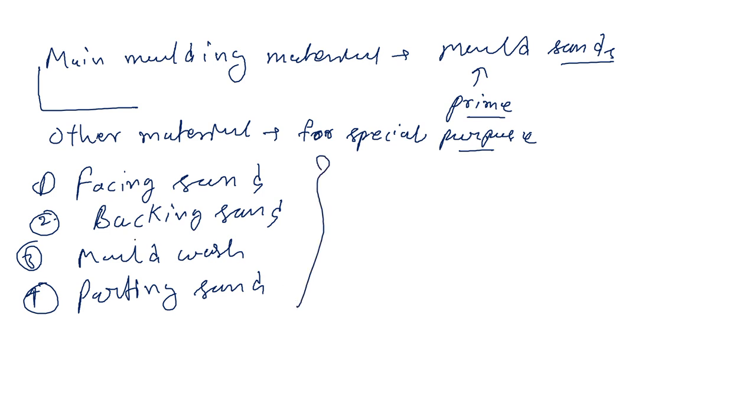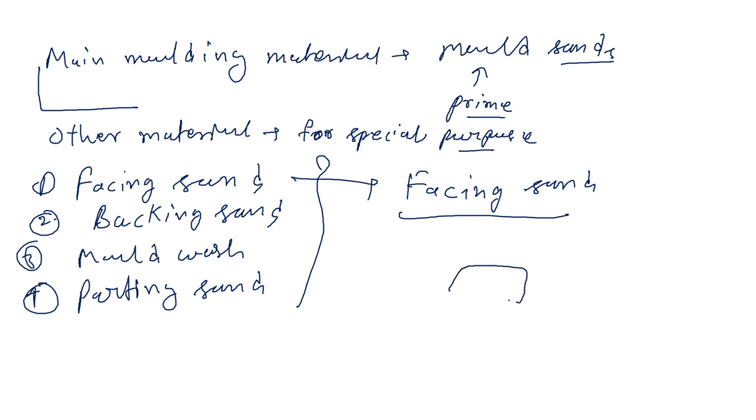From the names of the sands, we can assume where these sands will be applied. First is the facing sand. Facing sand is generally sprinkled on the pattern first. Like this is the pattern.